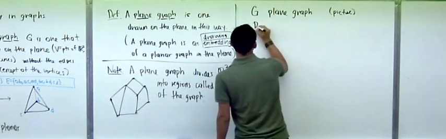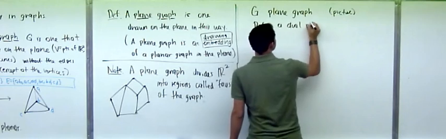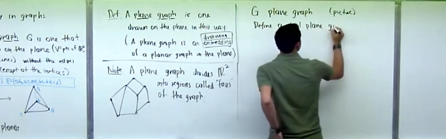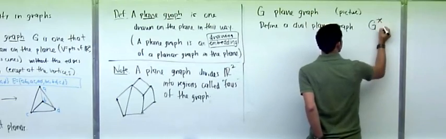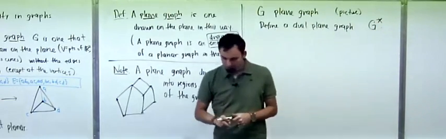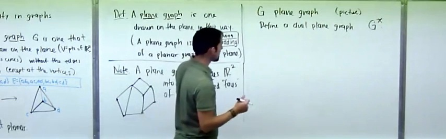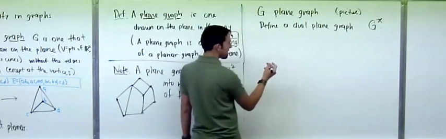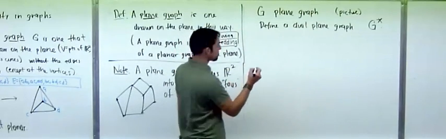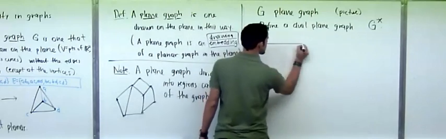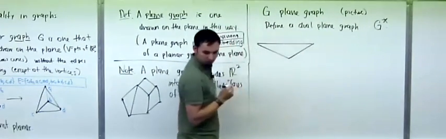I'm going to define a dual plane graph, which I'm going to denote G star. This is one of these definitions that is easier understood in an example than in words. So let me draw an example and then we'll say it in words. Let's say that my graph is this one.